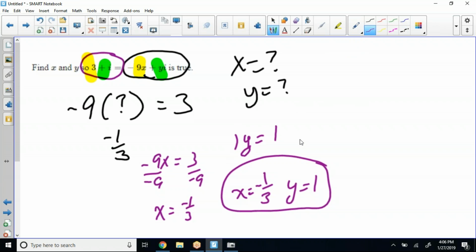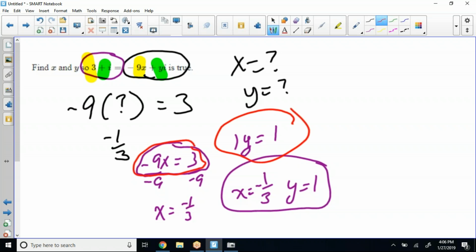So there's really not anything I have to do with that one. But do you see how, like this one right here, I took negative 9x, it's got to equal 3, so I solved for what x had to be, and it had to be negative 1/3. But on this one, there's nothing to really solve because y is 1. I'm not making it do anything. Okay.